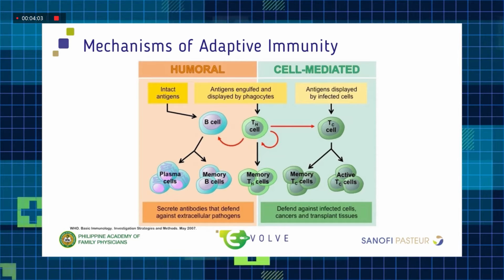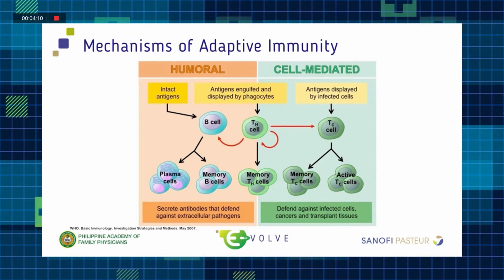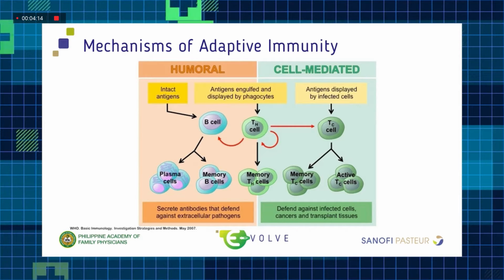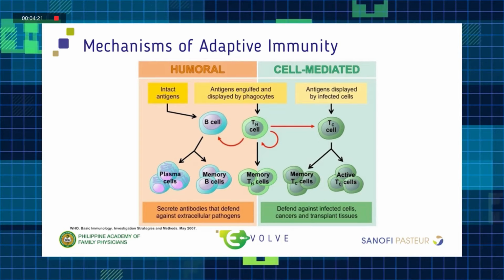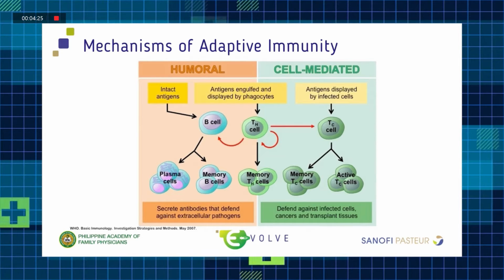The humoral immune system deals with antigens from pathogens that are freely circulating or outside the infected cells. Antibodies produced by the B cells will bind to the antigens, neutralizing them or causing lysis, or dissolution or destruction of cells by a lysin, or through phagocytosis.